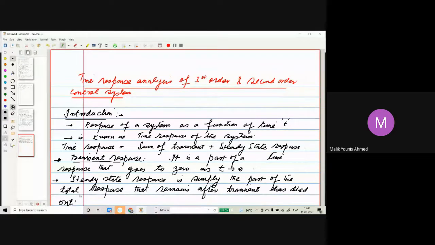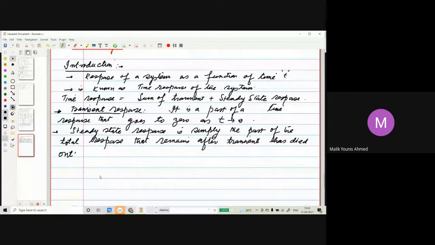As we are talking about the steady state, we are talking about the time response of the system. I have told you the time response of the system consists of two parts. Number one is the transient part. Number two is the steady state part.